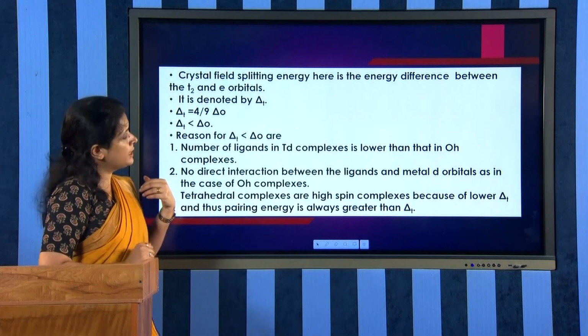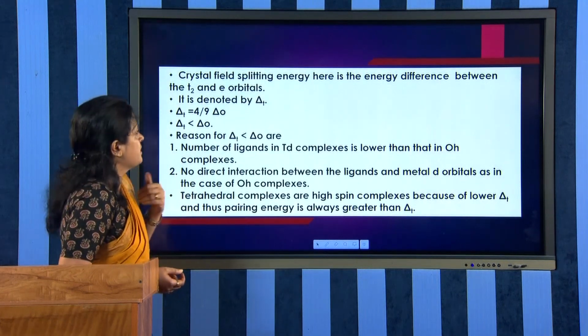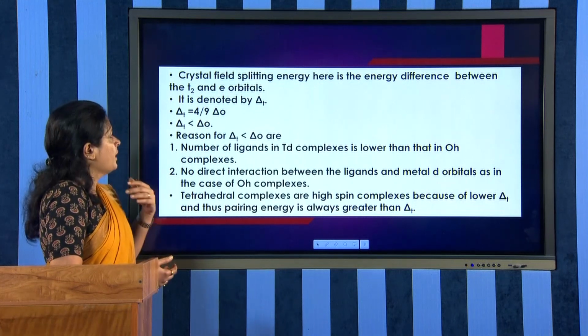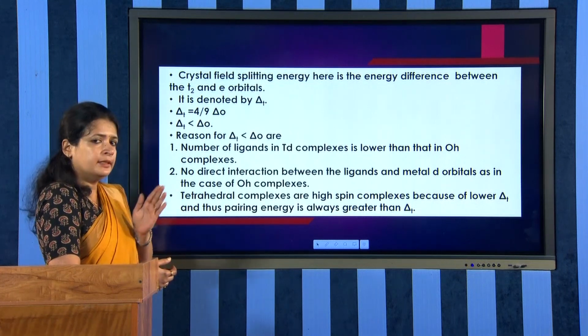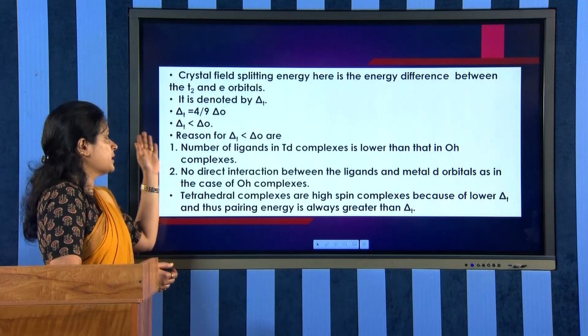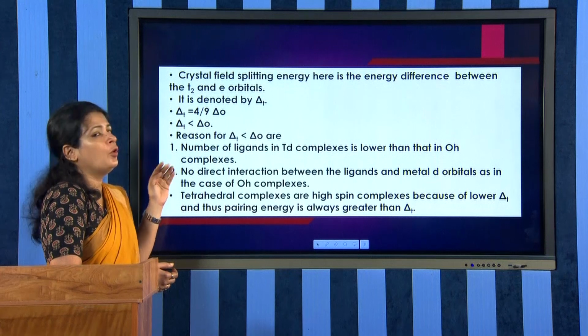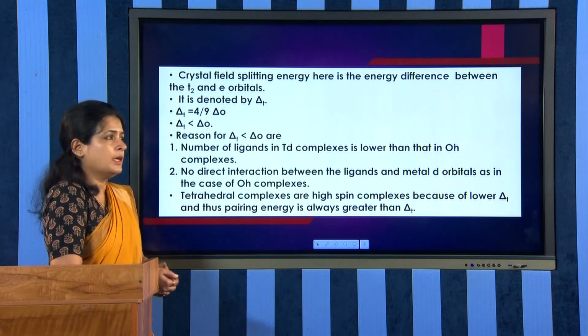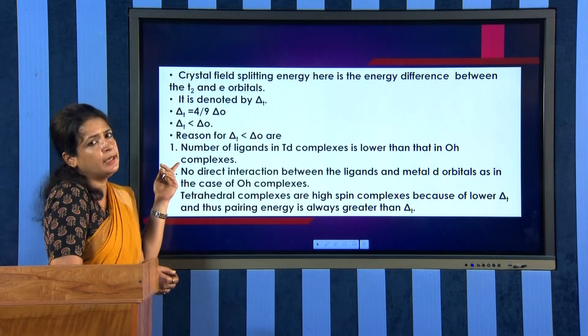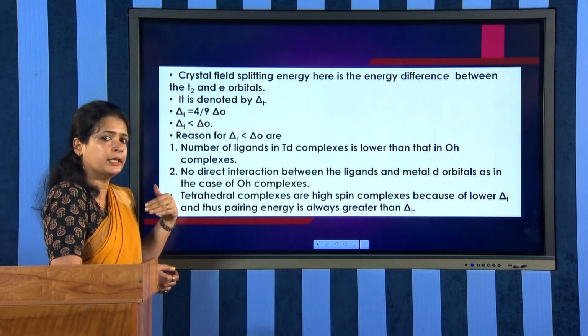The relationship between delta T and delta O can be represented as delta T equal to 4 by 9 delta O. When we look at the relationship, you can see that delta T is always less than delta O.